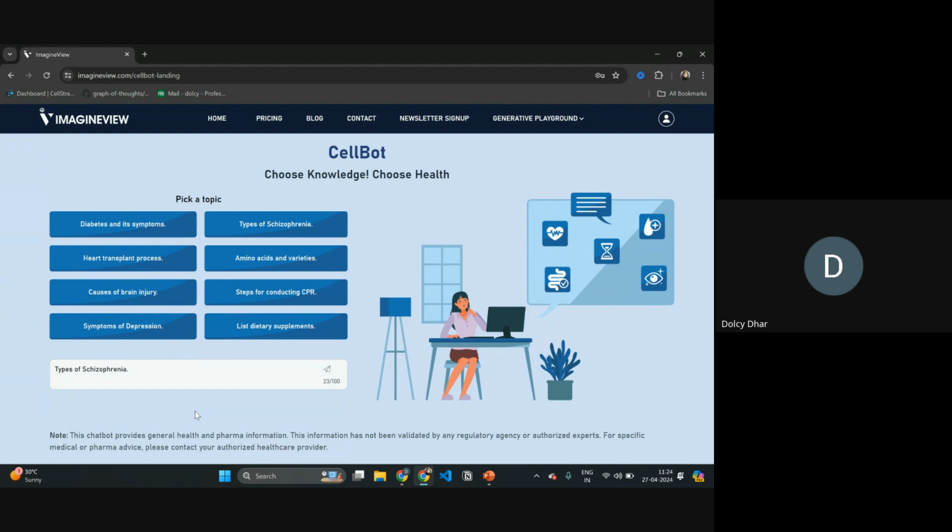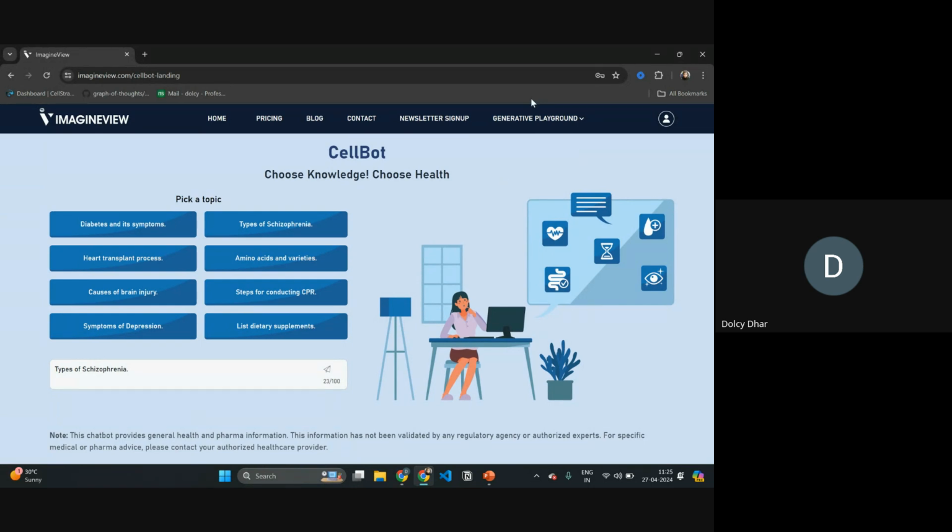So you can leverage this for in-depth understanding of any medical topic whatsoever. And eventually you will be able to add your own data to Cellbot. We will set up pipelines where, if you already have a research paper that you are not getting online and you want to understand that alone, you can do that as well.